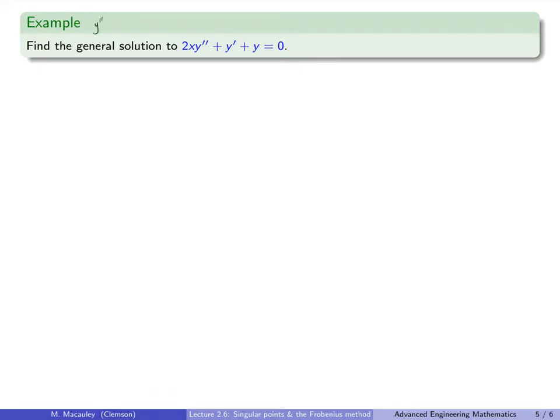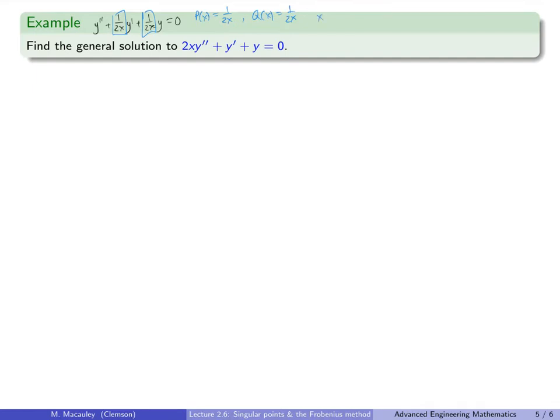So y double prime plus 1 over 2x y prime plus 1 over 2x y equals 0. So this is p, this is q, in other words, p of x equals 1 over 2x. This is clearly not defined at 0, and nor is q. q of x is 1 over 2x. So 0 is a singular point.